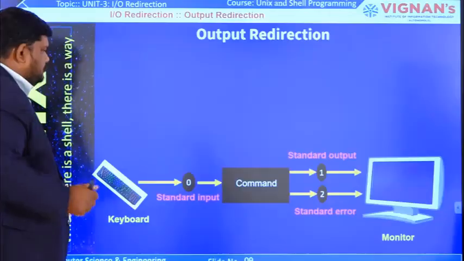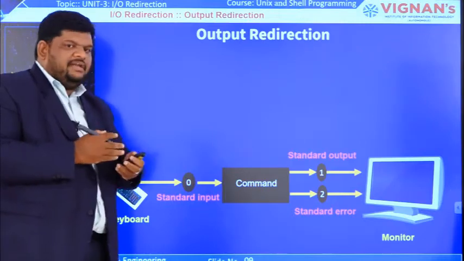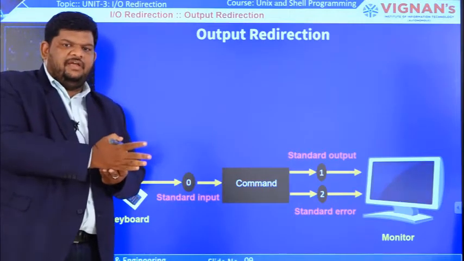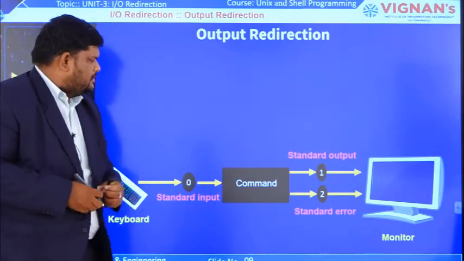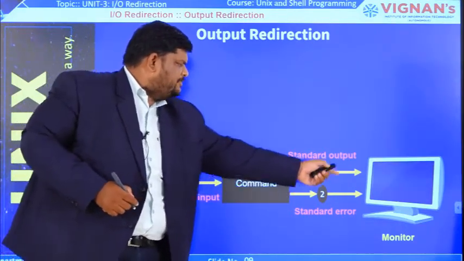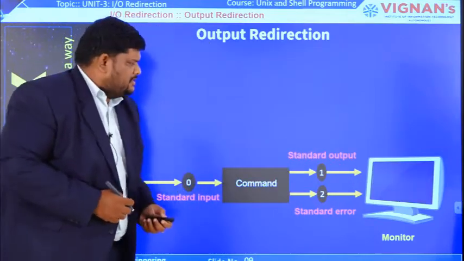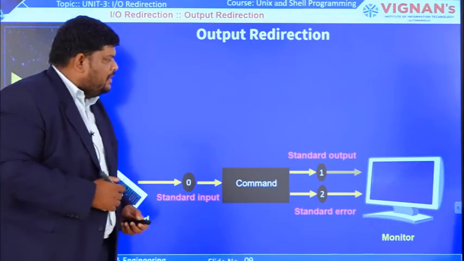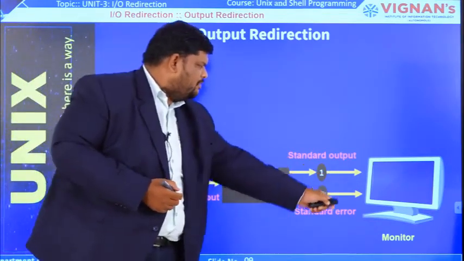Already we have seen that output redirection means redirecting the output to a file rather than the standard output device, the monitor. Normally, after execution of a command, the standard output is displayed on the monitor.